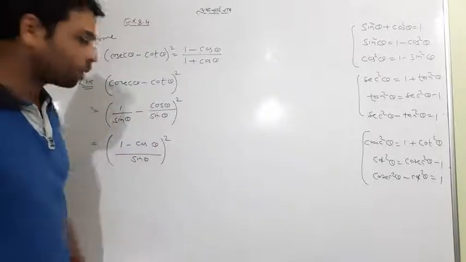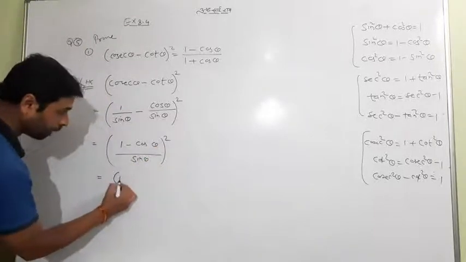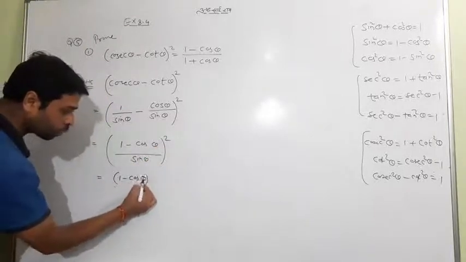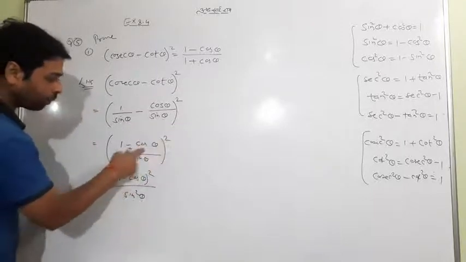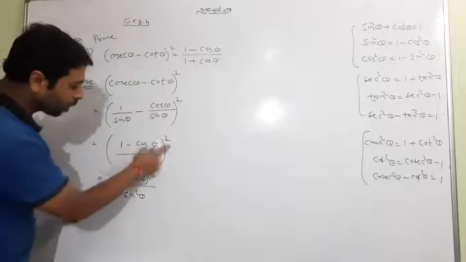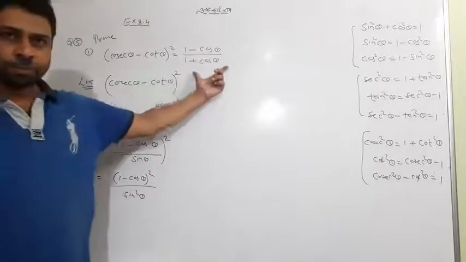Now what to do next? I'll separate the square. 1 minus cos theta whole square upon sine square theta, with the square on the numerator and the denominator. Now look at the answer.